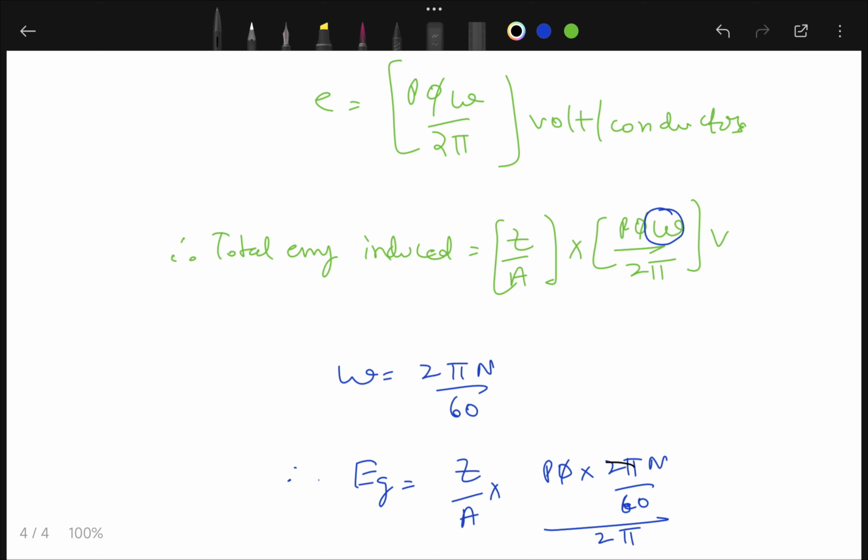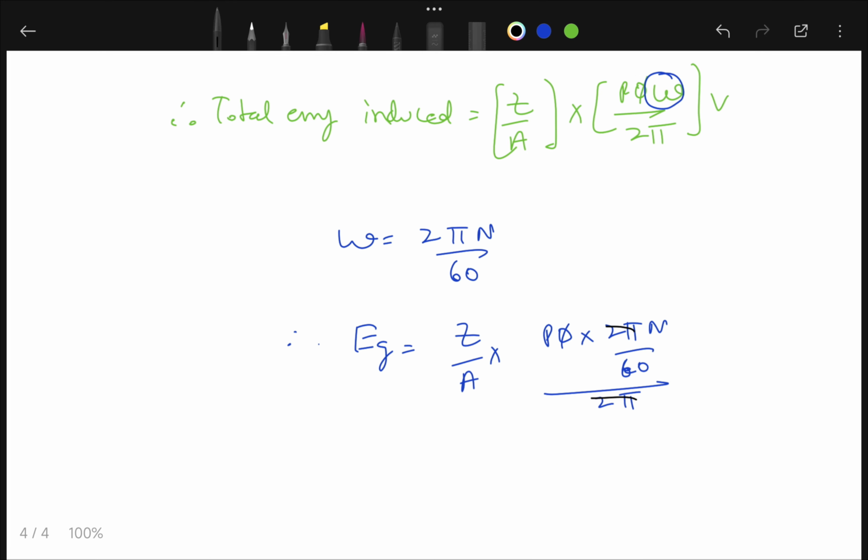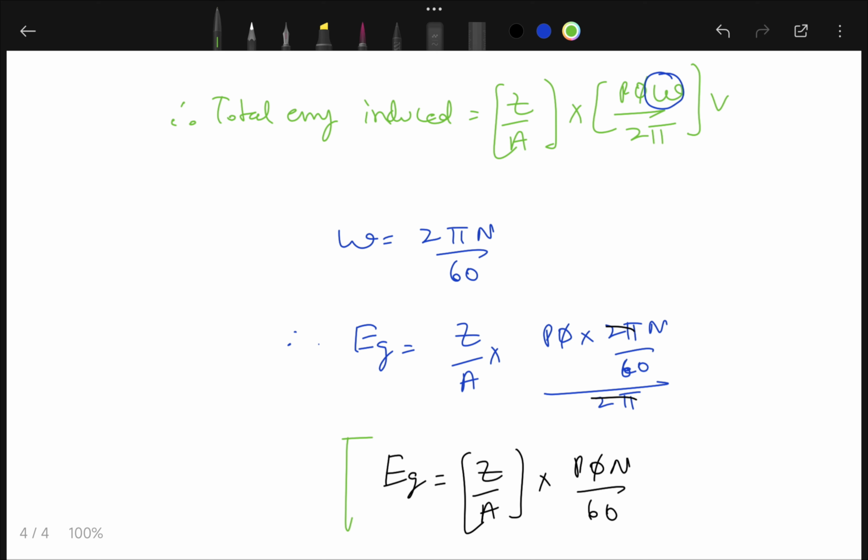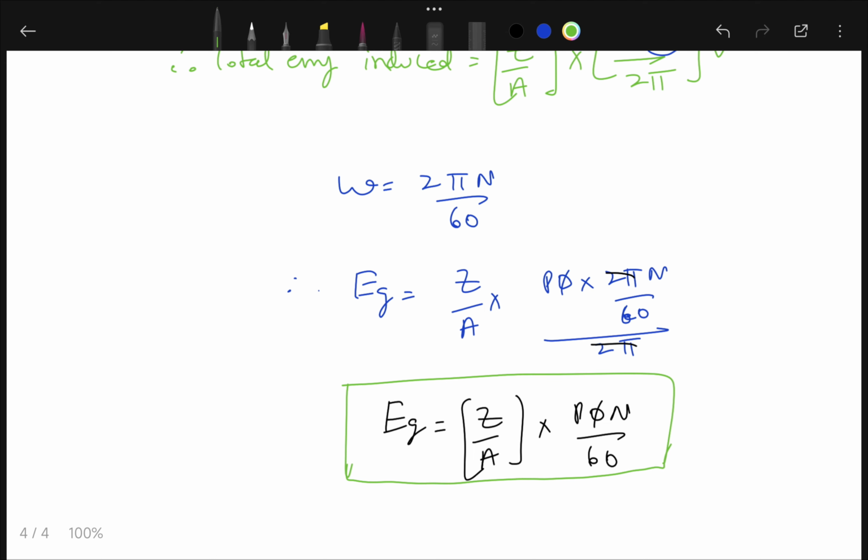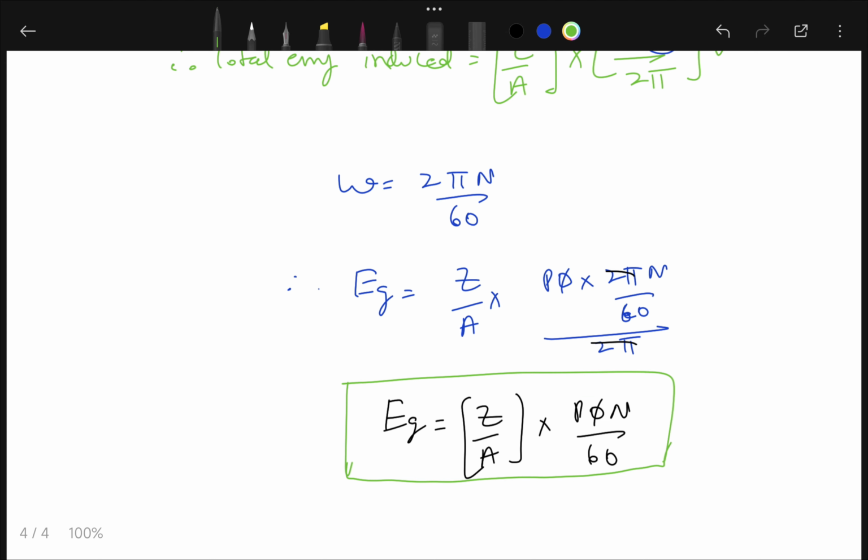Therefore Eg is equal to Z by A into P phi n by 60. This is a different approach, I hope, for deriving the EMF equation of a DC machine. So far in different books you have seen a common procedure, but with slight modification you can derive the EMF equation in this manner, which is valid for any case. Thank you.